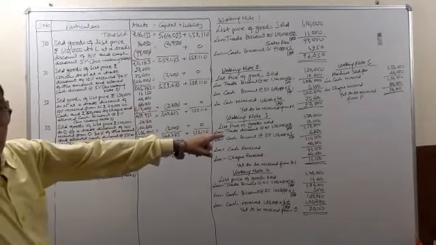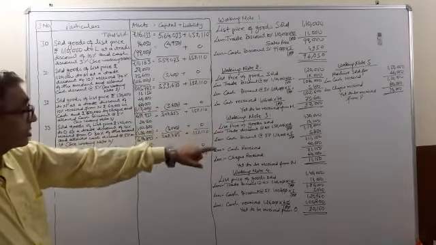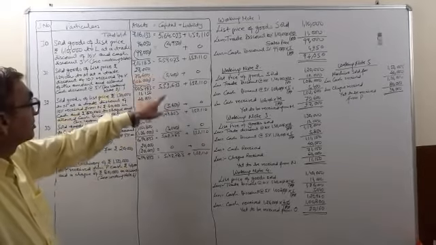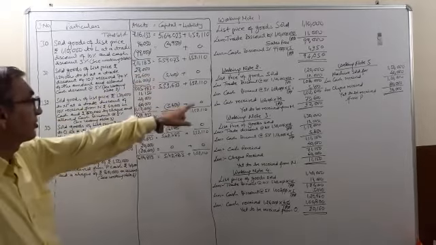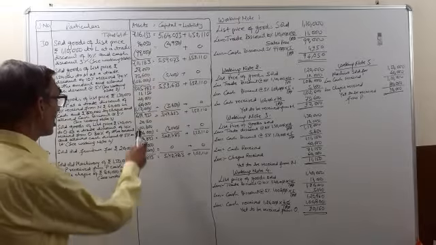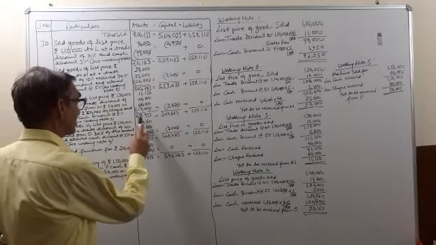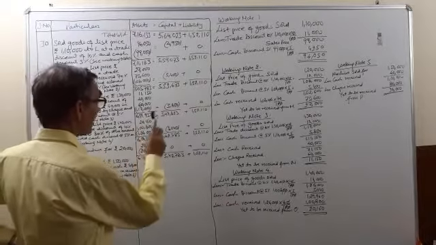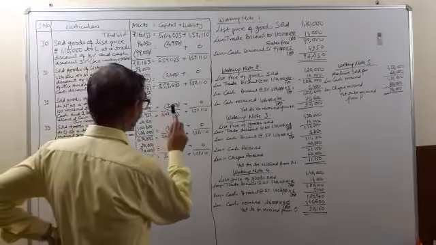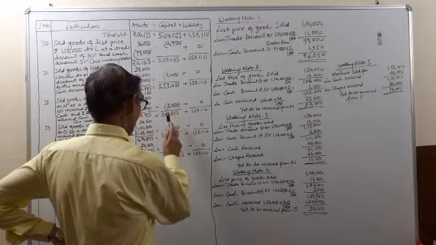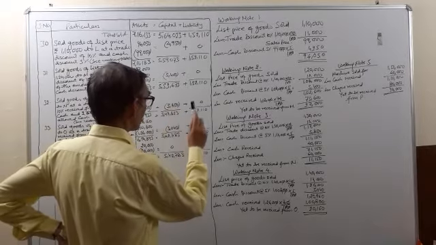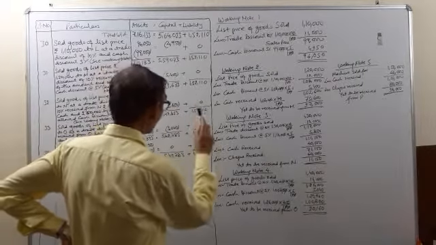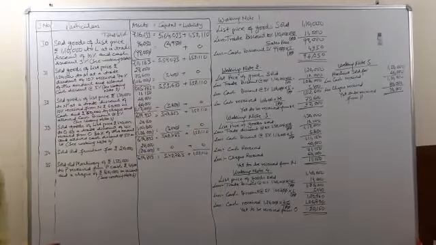The discount allowed, which is a loss, will be subtracted from the capital and no effect on liability. So the accounting equation comes to 6,99,933 assets, 5,47,823 your capital, 1,52,110 is your liability. It's clear?